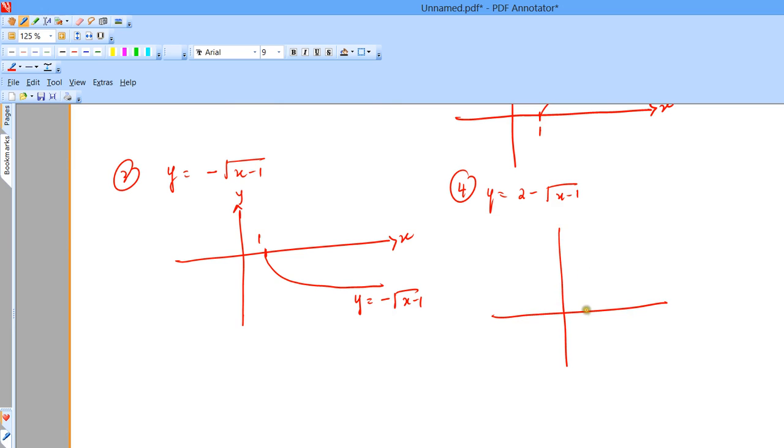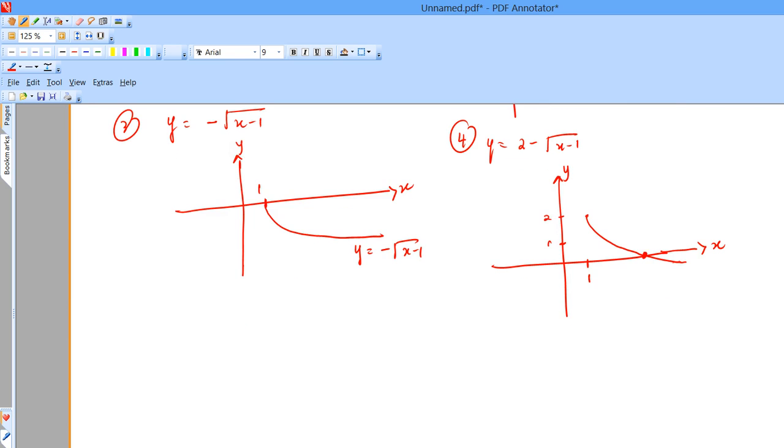Here 1, 2. Have the x and y axes, and then we have the x-intercept here.